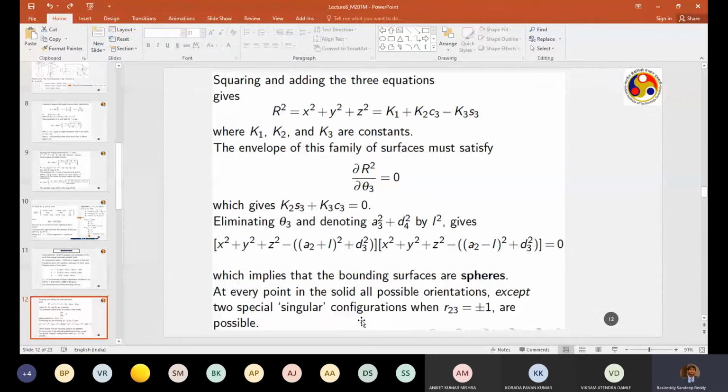But right now I'm just introducing the definition. A kinematic singularity is when you are not able to effect any change in the end position, that is the x, y, z position, even if you go on changing the joint variables, theta 1, theta 2, and so on. That is the meaning of a kinematic singularity.